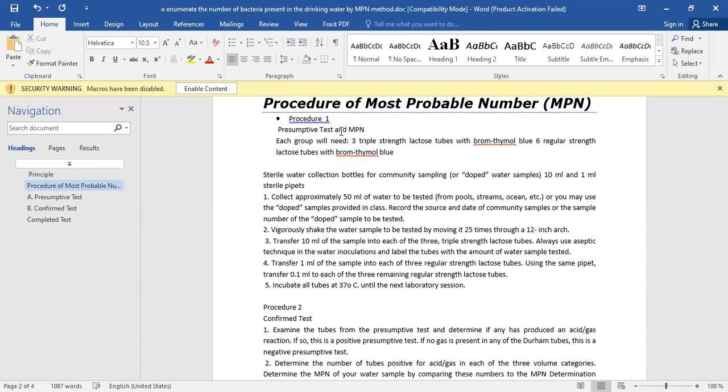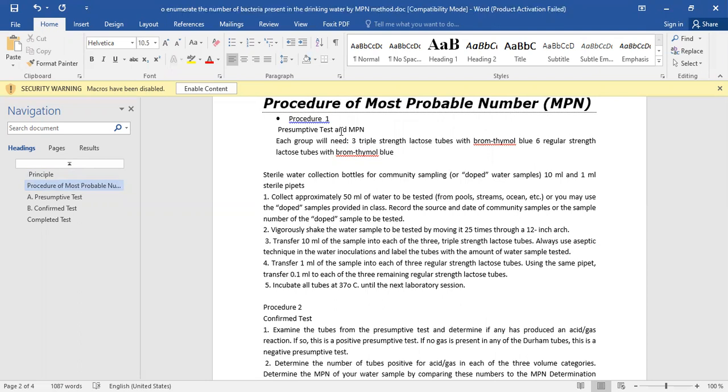So what is the procedure? First, collect approximately 50 ml of water to be tested, or we can use tap samples provided in the class. Then vigorously shake the water sample by moving it 25 times. Then transfer 10 ml of sample into each of the three triple strength lactose tubes.